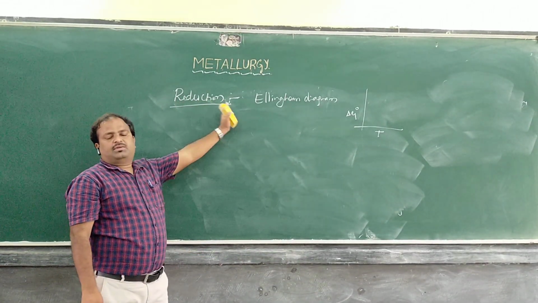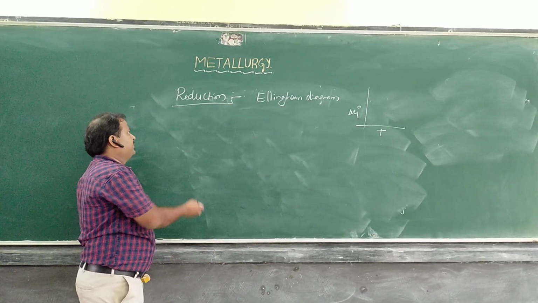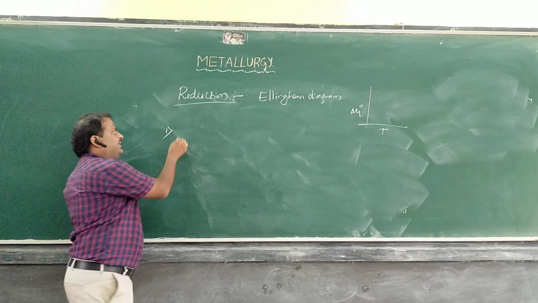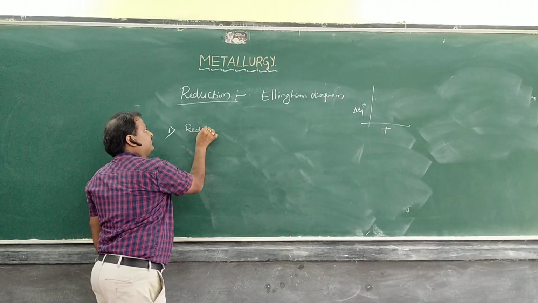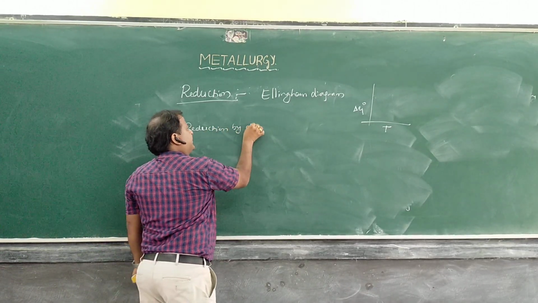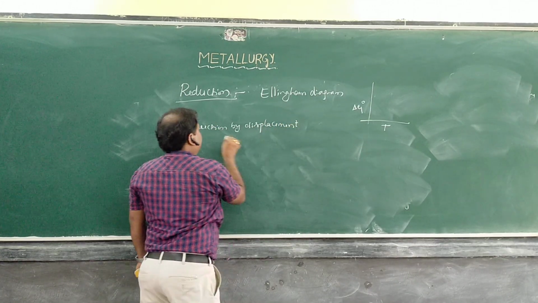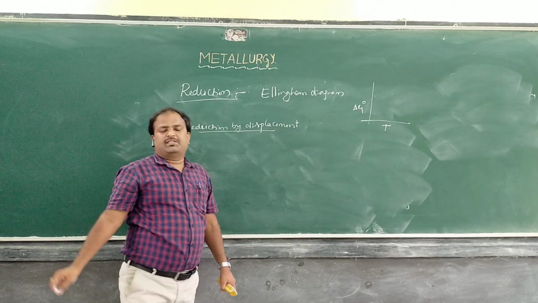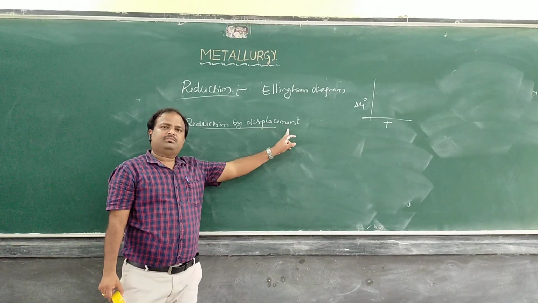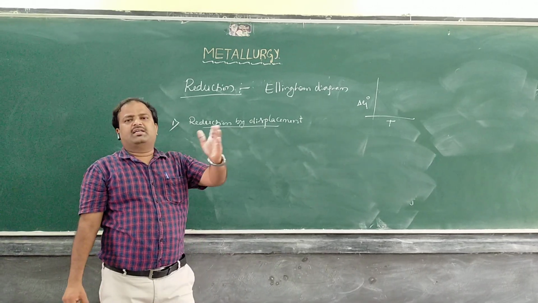So this method involves different processes of reduction. Number one, reduction by displacement, or displacement reaction. In a displacement reaction, a more reactive metal can replace a less reactive metal.